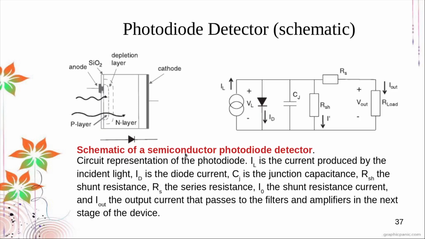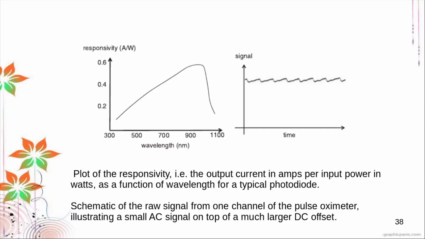This is a schematic of the semiconductor photodiode detector. In the circuit representation, IL is the current produced by the incident light, ID is the diode current, CJ is the junction capacitance, RSH is the shunt resistance, RS is the series resistance, IO is the shunt resistance current, and I out is the output current that passes to the filters and amplifiers in the next stage of the device.